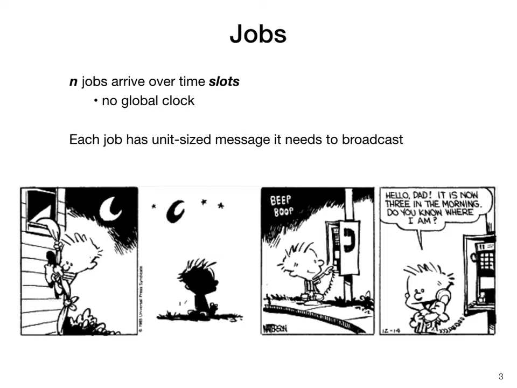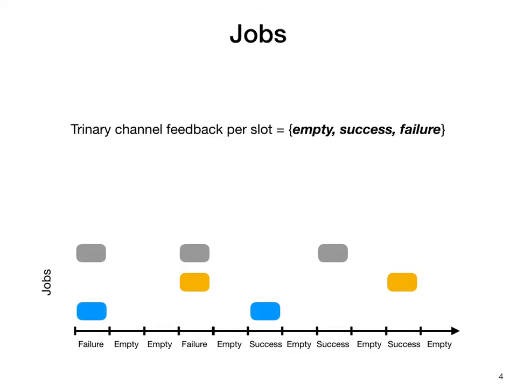Finally, in addition to its data message, a job may also send control messages to aid in coordinating access to the channel. The channel provides the following feedback on a per-slot basis. If no job sends in the slot, then the slot is empty and any job listening to the channel can determine this. If the slot contains a single broadcast, then we say the broadcast is successful.